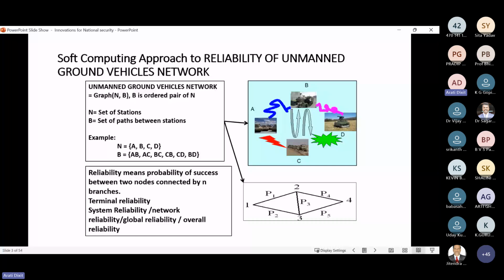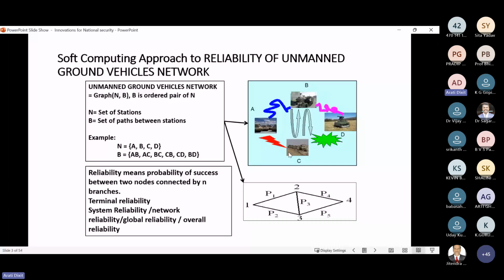What we propose here is that we have a network of unmanned ground vehicles, as you see on the right here, and we define this as a graph with N and B, where B is an ordered pair. N is the set of stations or nodes, and B is the set of paths between the different stations that we see here.